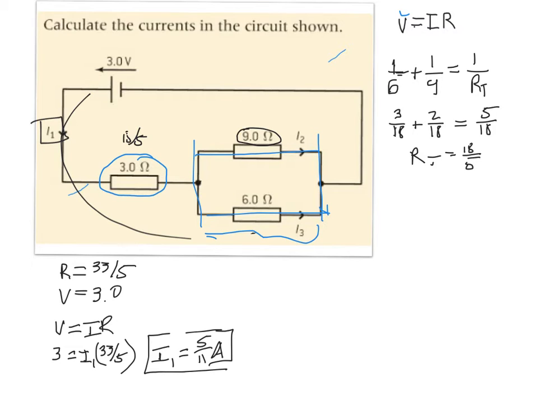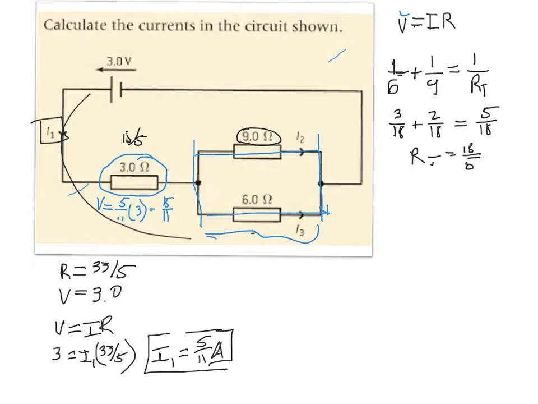All right, so I'm going to go ahead and find how much is lost here by doing V equals IR. So V is what I'm looking for. I know the current through the 3 ohm resistor because the current was 5 over 11. And then R, of course, is 3. So the voltage there is 15 over 11.